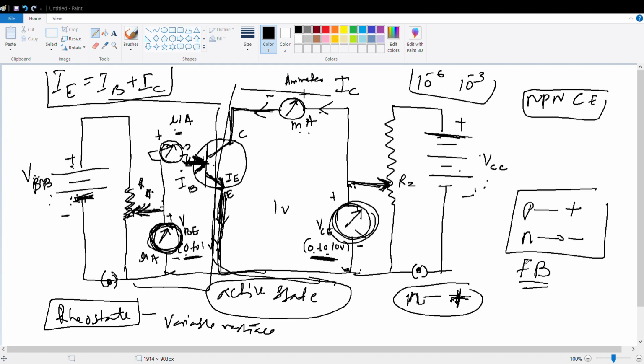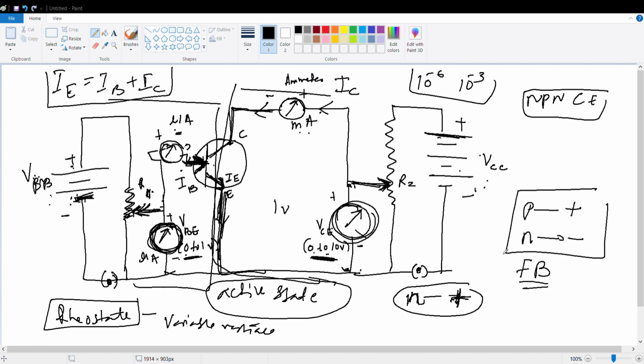So input characteristics is nothing but the variation of IB with respect to VB at a constant VC. See, this graph is for VC 1 volt. This graph is for VC 2 volt. This graph is VC 3 volt. Is it clear?